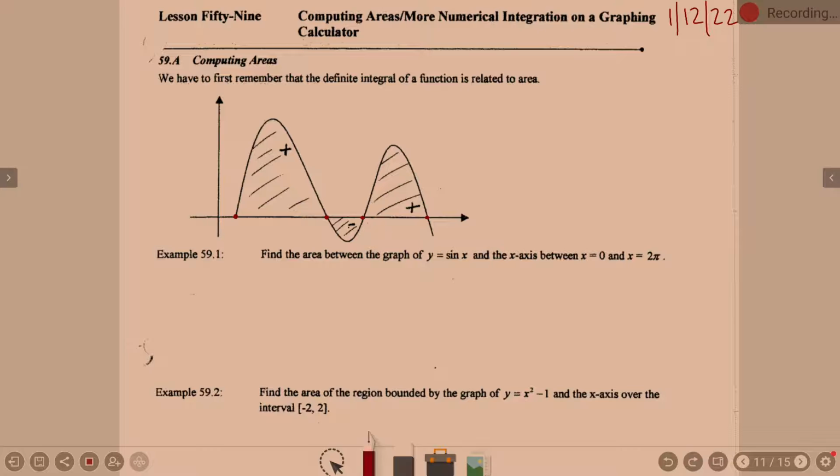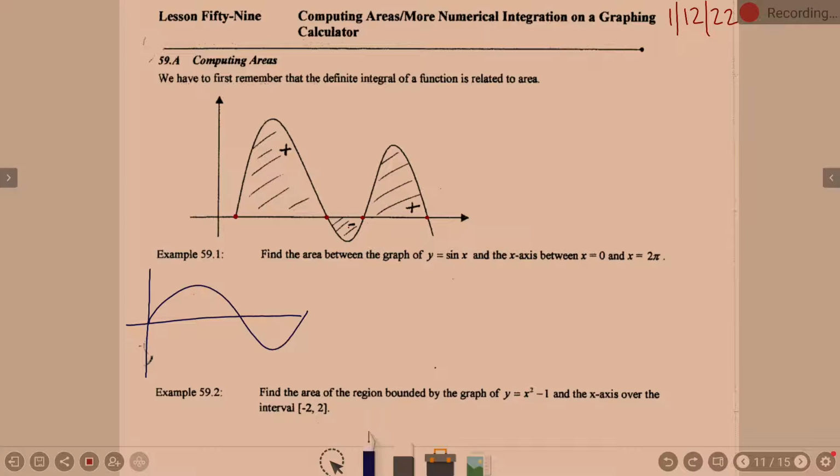You always need to be aware of what your graph looks like and if there's any negative portions of the graph, because that means I'm going to have to set my integral up. I would always encourage you to think about the graph. This is specifically what? Sine from 0 to 2 pi? What's sine from 0 to 2 pi?